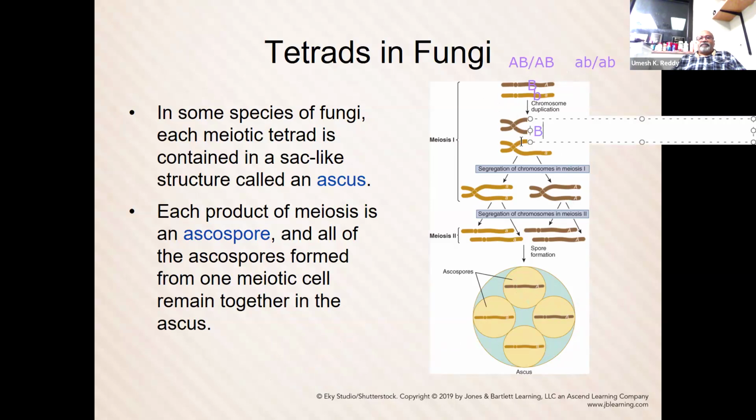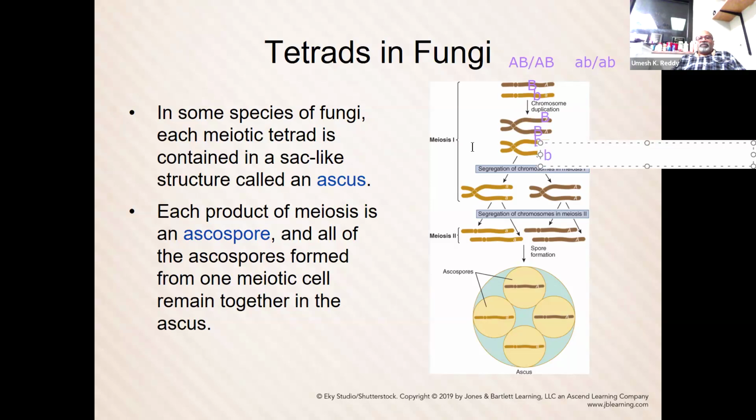That is B. This is small b. Here is again one more capital B, small b. So the recombination is happening between the internal chromatids. One is having capital B, capital A. One is having small b, small a.